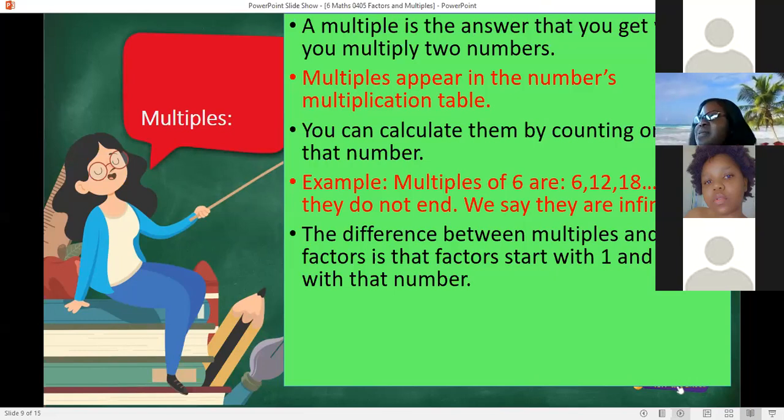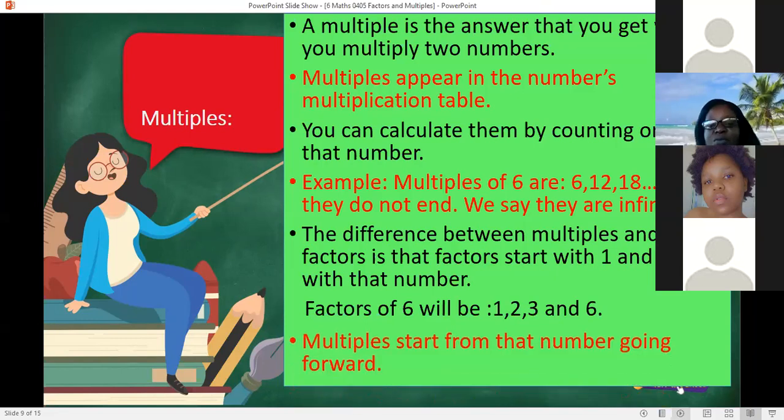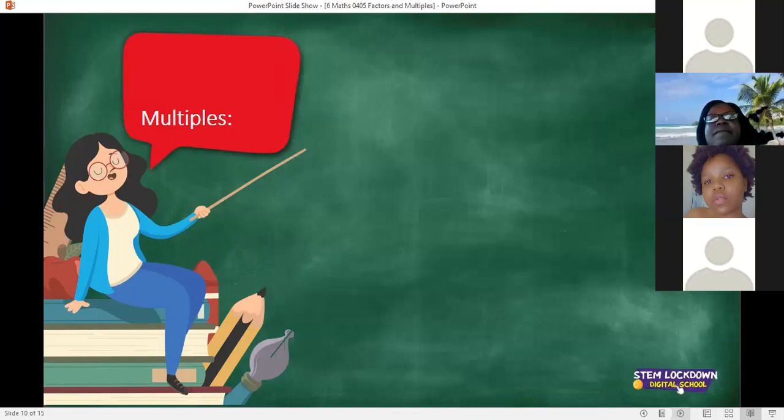You can count in multiples until you turn old. The difference is that factors start with 1 and end with that number. Factors of 6 will be 1, 2, 3, and 6. So factors have an end. Multiples start from that number going forward, so multiples will never end.